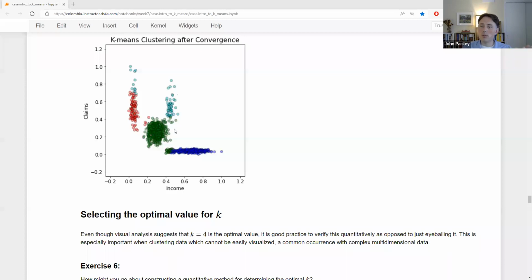Again, if your data wants 4 clusters, you would see a huge improvement in the objective function after 4 clusters. And then from 5, 6, and 7, and so on, you would always see improvements because you would be partitioning and chopping up your data into smaller and smaller bits. But the marginal improvement would be less. Going from 4 to 5 clusters would not be as big a deal as going from 3 to 4 clusters.